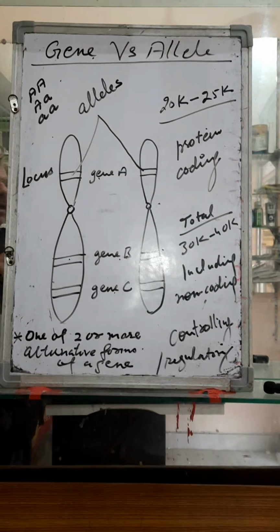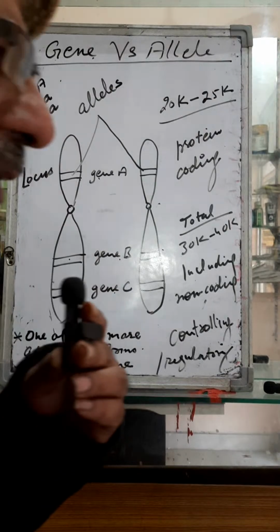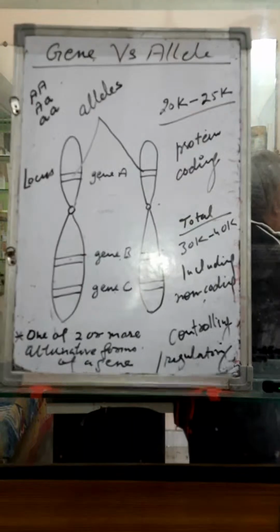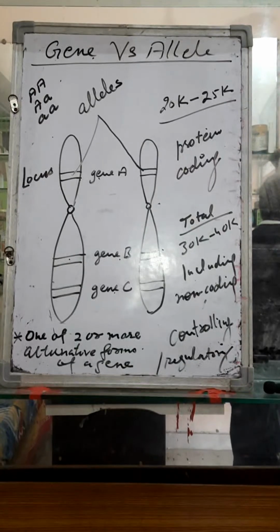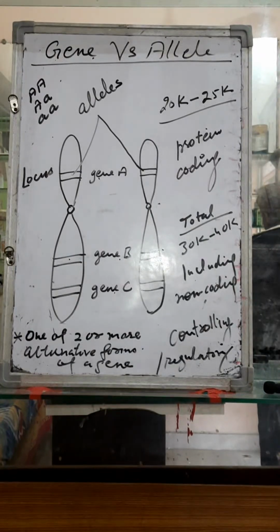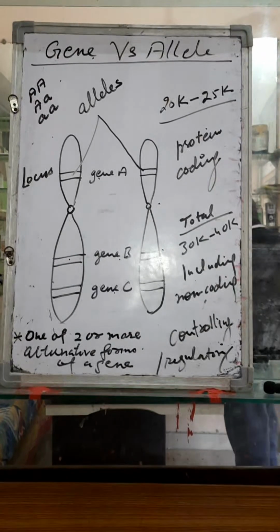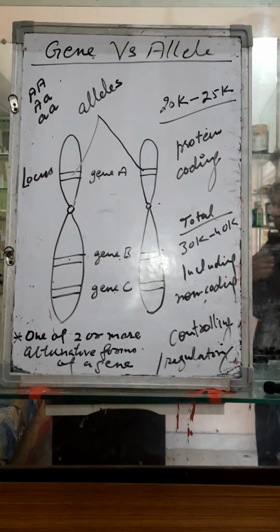These protein coding genes are expressed. These are the genes which are expressed as different traits or characters in the individuals in any organism.